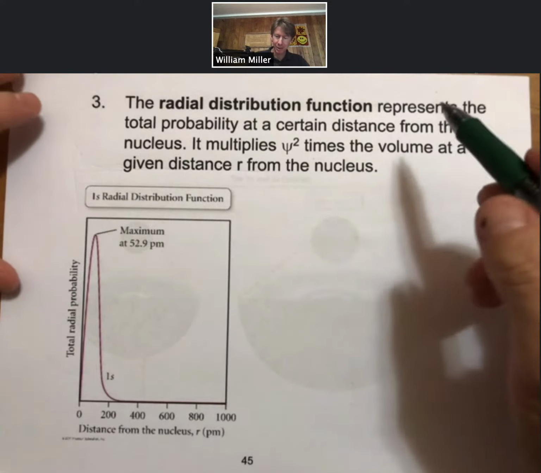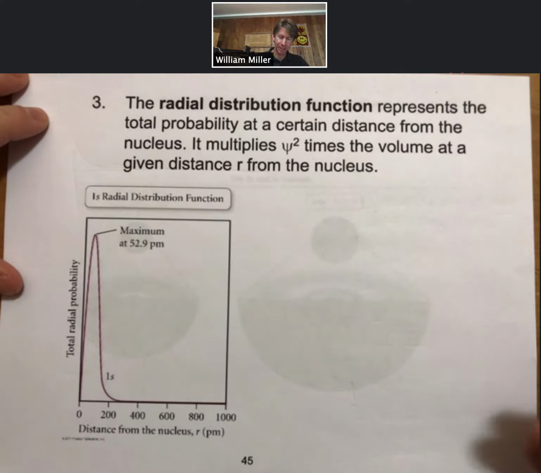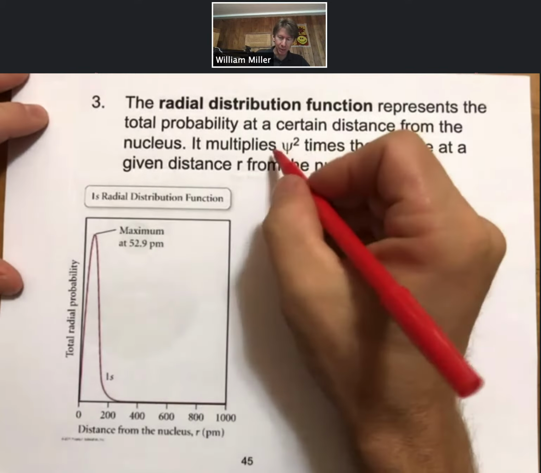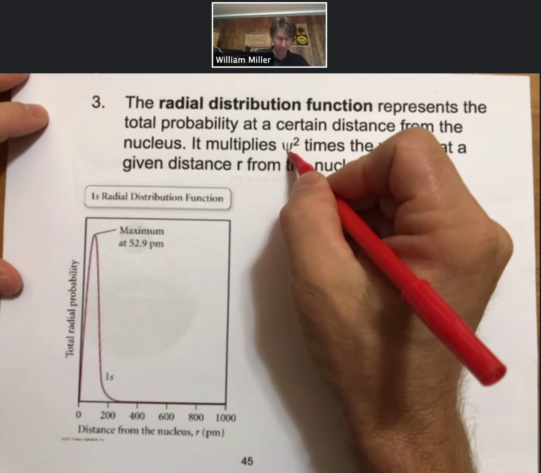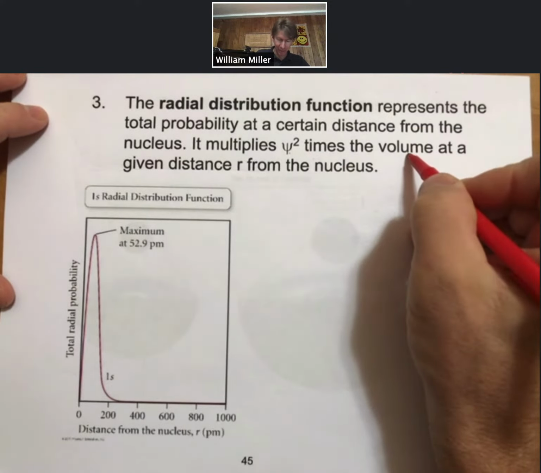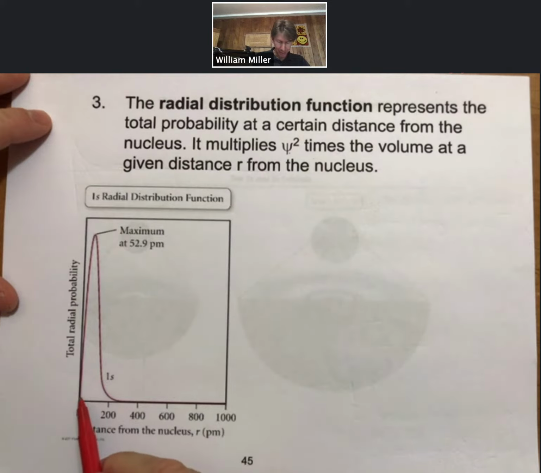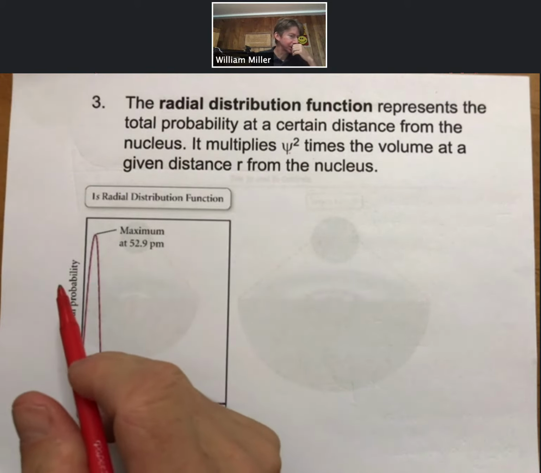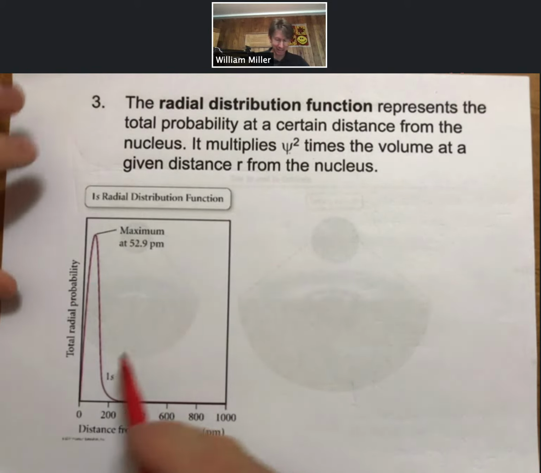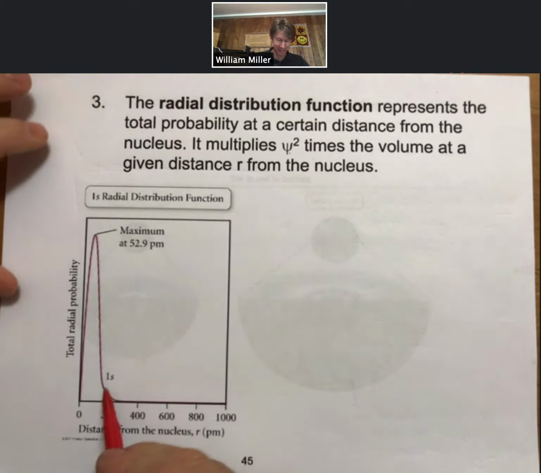Okay, so the radial distribution function represents the total probability at a certain distance from the nucleus. It multiplies psi squared, which is the probability density, times the volume. And what we find from this is that the probability, yes, so this is where I should probably draw that probability.